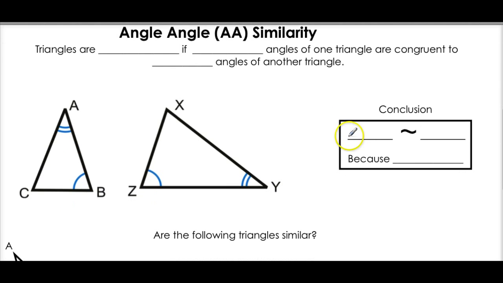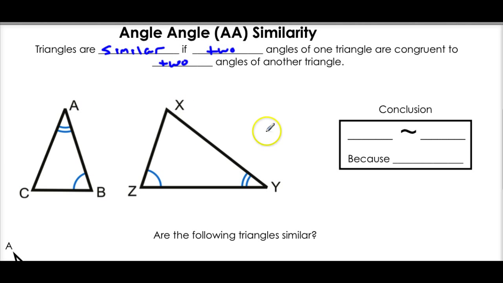Okay, angle-angle similarity. Triangles are similar if 2 angles from one triangle are congruent to 2 angles in another triangle. So if you have 2 congruent sets of angles, you know they are similar. So let's take a look here.